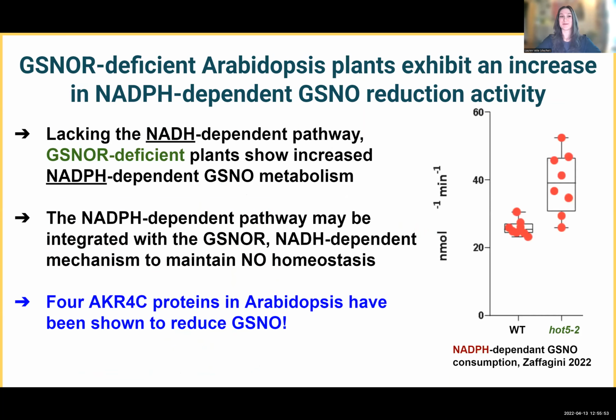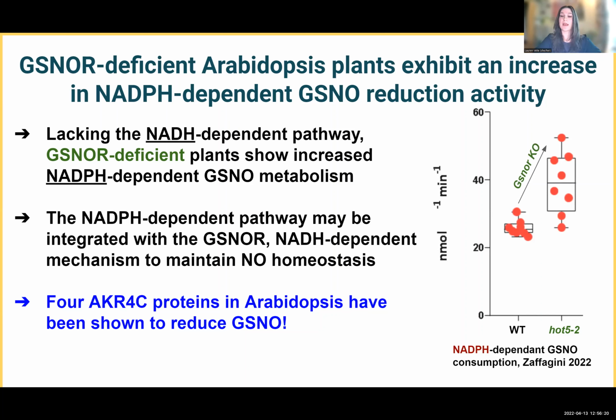So combined with the fact that GSNOR-deficient plants show an increased NADPH-dependent GSNO metabolism, we can hypothesize that this NADPH-dependent pathway may be integrated with GSNOR, potentially a compensatory mechanism to make up for the loss of GSNOR in these plants by utilizing these AKR proteins to metabolize GSNO.